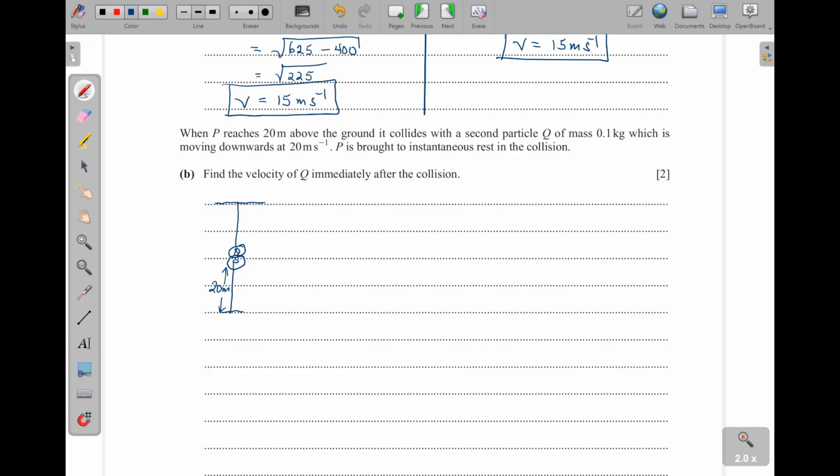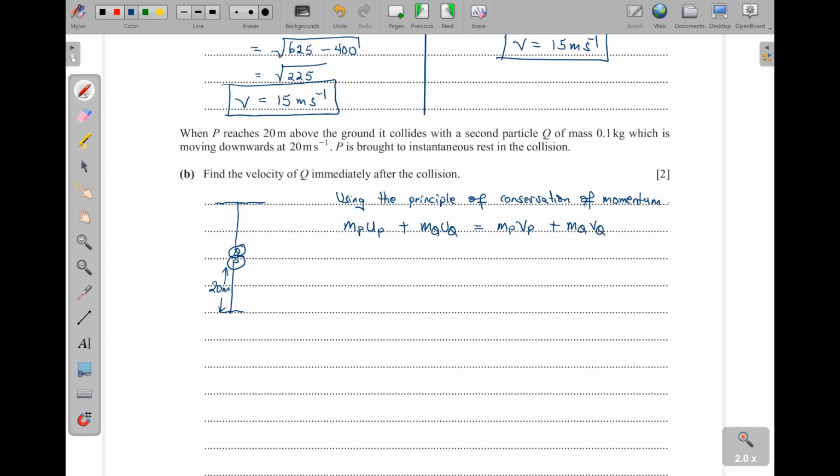Now, using the principle of conservation of momentum, where momentum before collision is equal to momentum after collision, we have the mass of P times the initial velocity of P, plus the mass of Q times the initial velocity of Q, equal to the mass of P times Vp plus MQ times VQ.